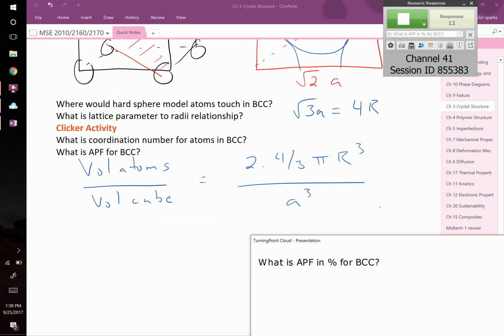You know how to write A in terms of R, so calculate what the packing fraction should be for body-centered cubic. Sorry, if it's a fraction, multiply by 100 to turn it into a percentage, and then I just want that number. If you think it's 50%, just type in 50.